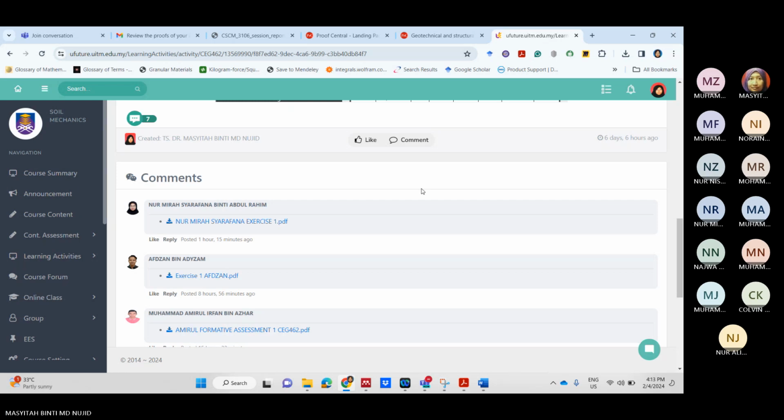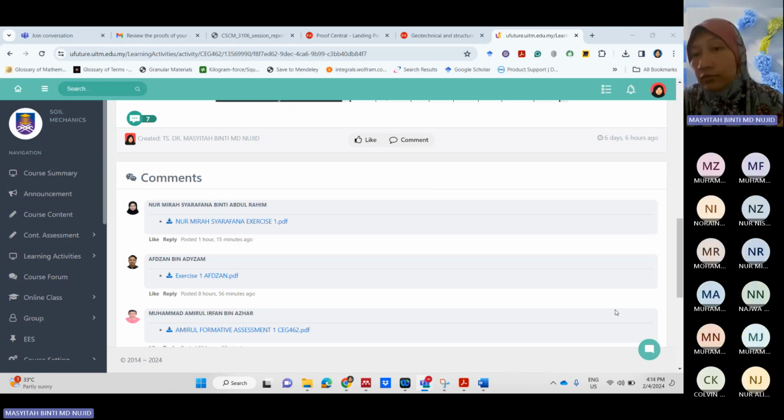Kelas. Mana yang tanah simpan air, mana yang tanah jenis tak simpan air? Fine soil tampung air, coarse soil tak tampung. Yes, correct.